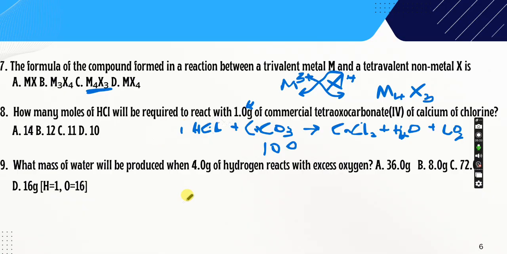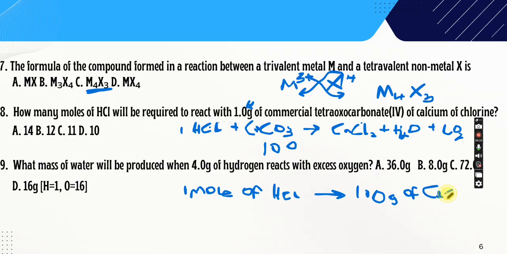And that 100 gram requires what? 1 mole. That is telling us that 1 mole of HCl requires 100 grams of CaCO3.